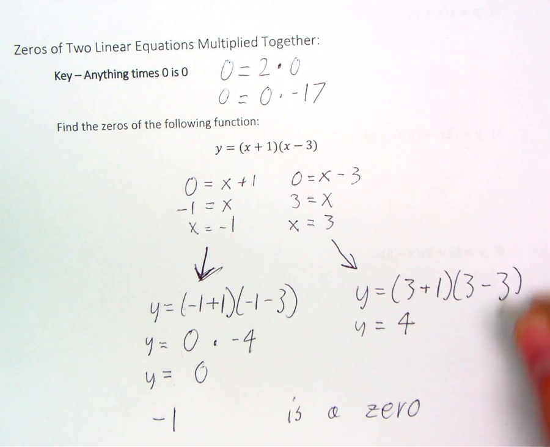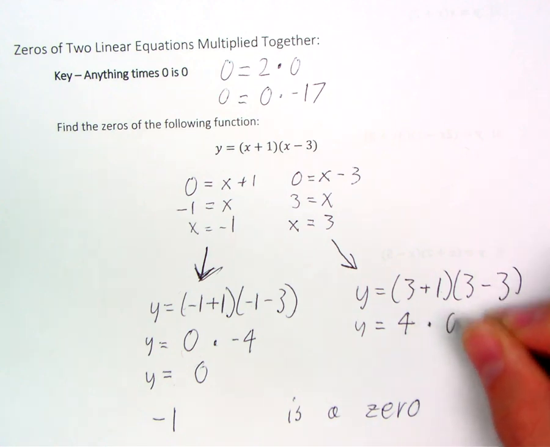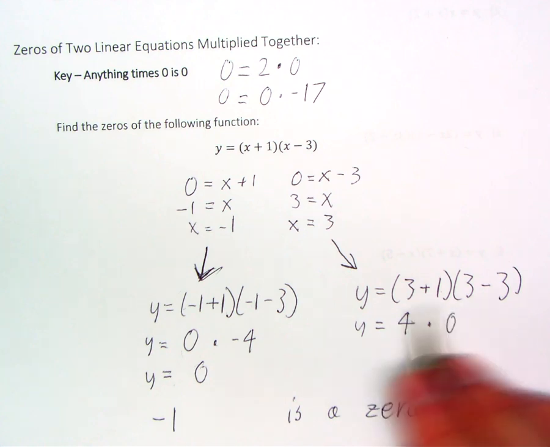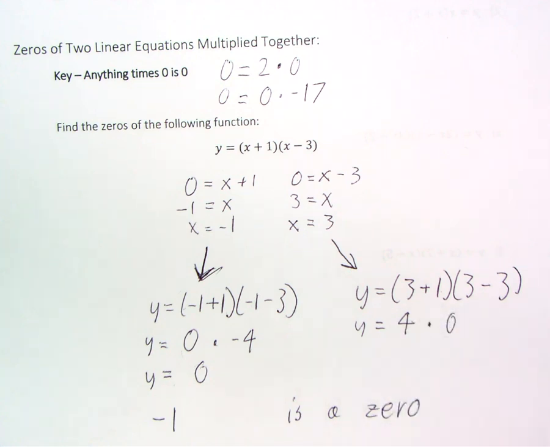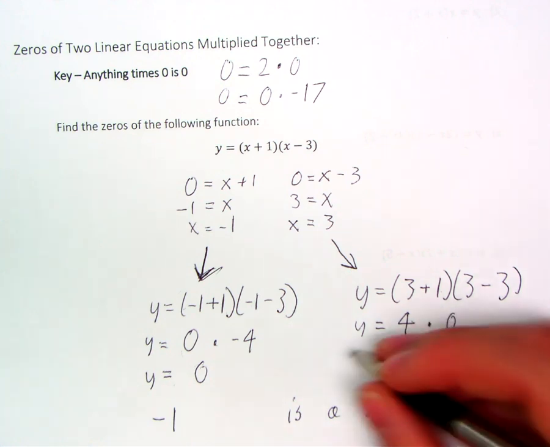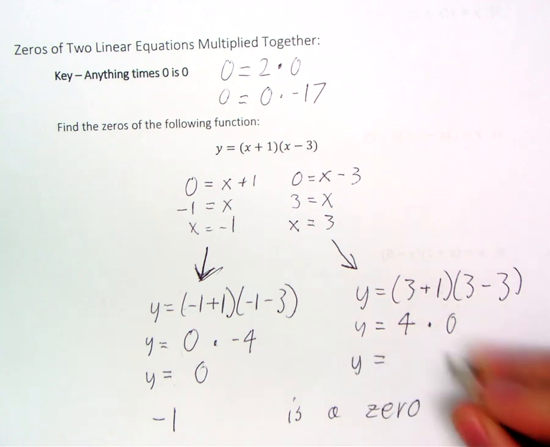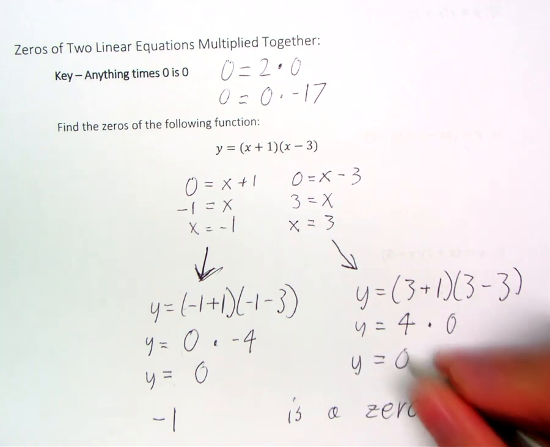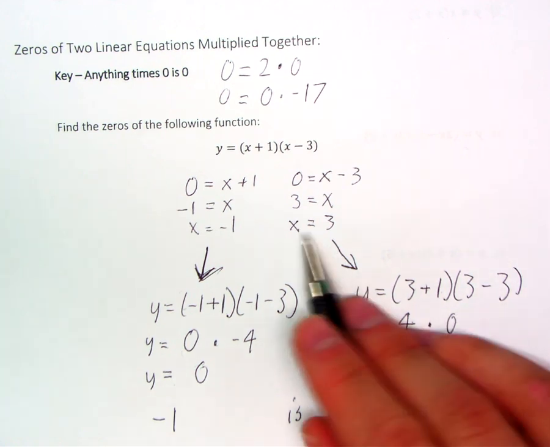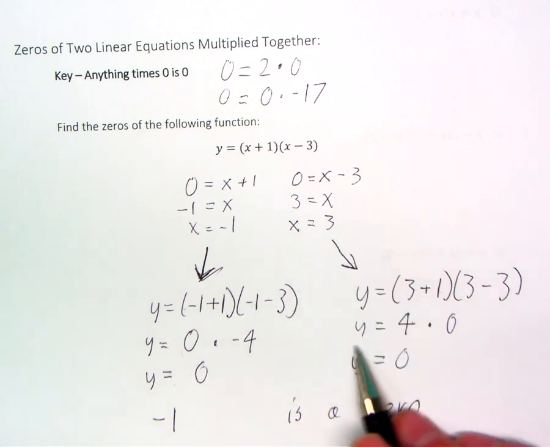And 3 minus 3, isn't that just 0? Well, look at that. We've got a multiplication problem with the number 0 in it again. And we know that any time you have something times a 0, the answer is going to be 0. So when x is equal to 3, that also makes y equal to 0.